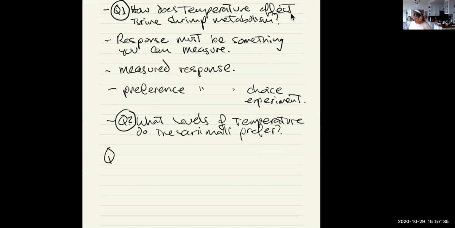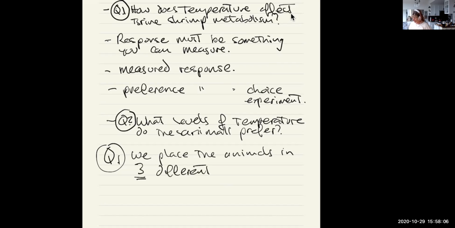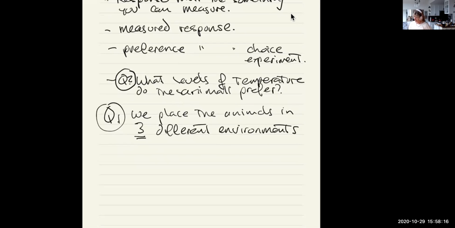So for question 1, we place the animals in 3, for this purpose of our experiment, we'll choose 3, in 3 different environments. And we have to be able to measure their response in these environments.